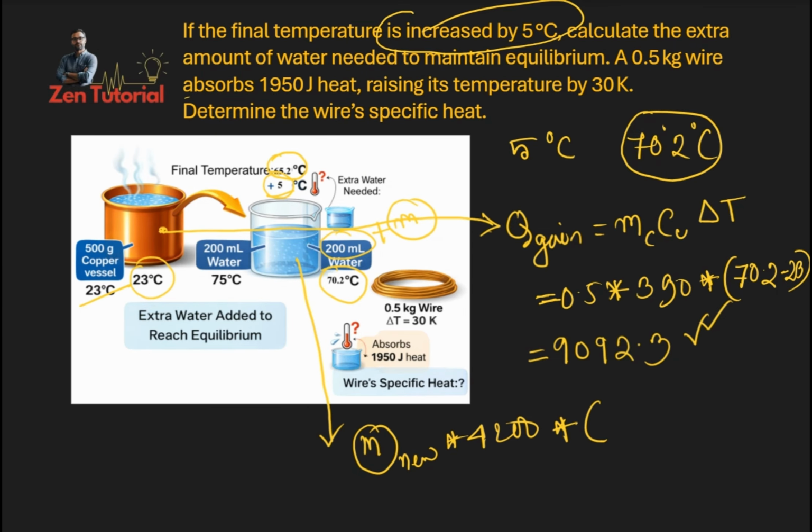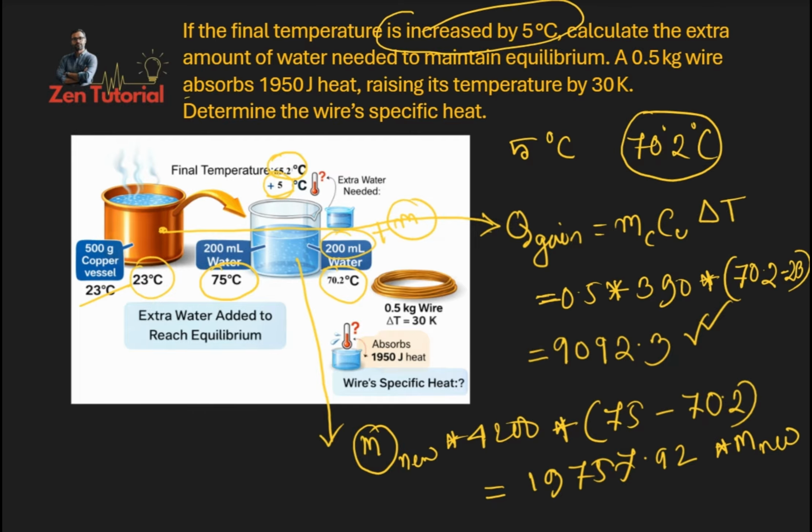It was 75 degrees Celsius for the water, and the mixing temperature is 70.2. So here the value will be 19757.92 of m new, right?